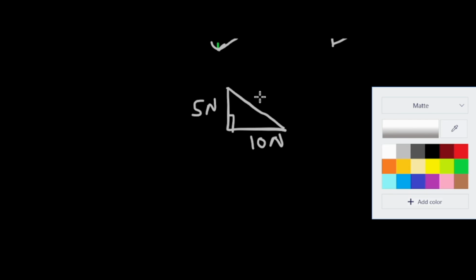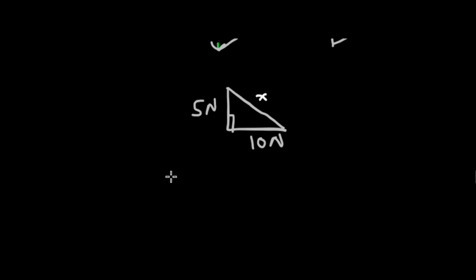So for us to find the resultant force, which is x, we know that using Pythagoras theorem, the sum of the squares of the sides, and then the root, gives us the value of x. So this will be simply 5 squared plus 10 squared equal to x squared.